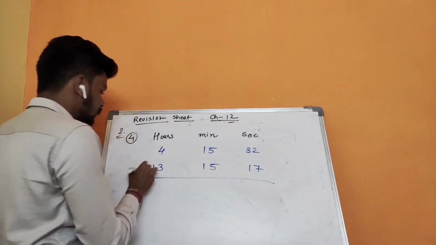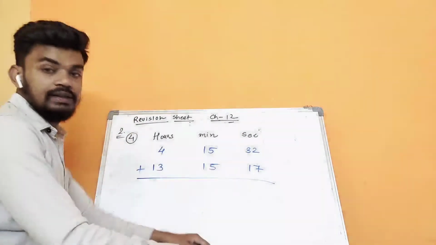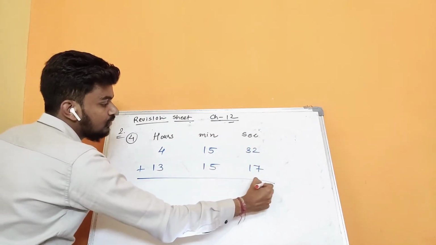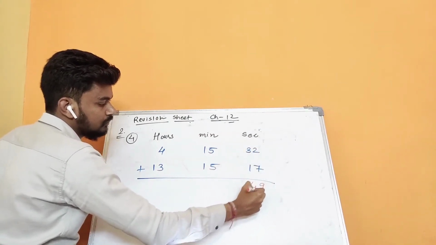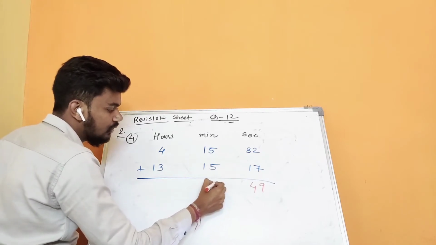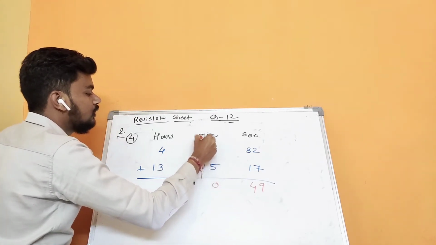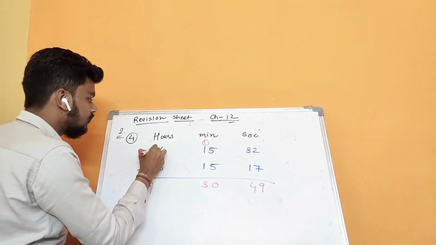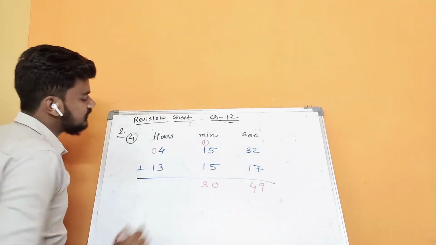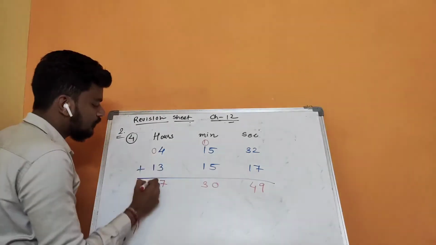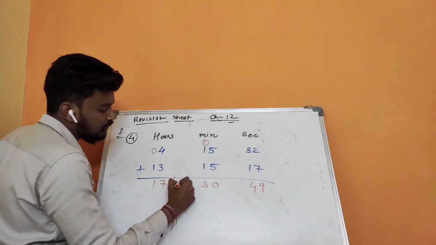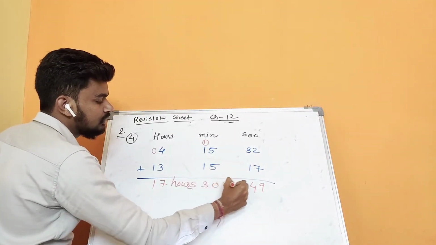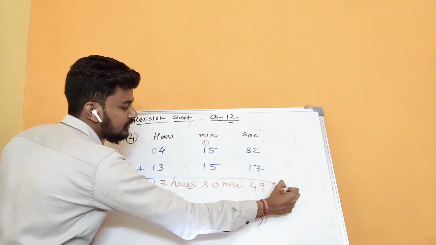And we have to do the addition. Let's add them. 7 plus 2, 9. 3 plus 1, 4. 5 plus 5, 10, 1 carry over. 1 plus 1 plus 1, 3. Over here we have to put 0. 4 plus 3, 7. 0 plus 1, 1. So the answer of this one is 17 hours 30 minutes and 49 seconds.